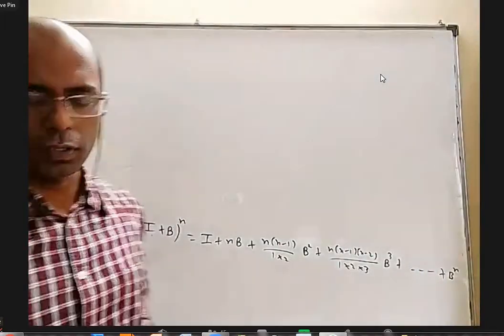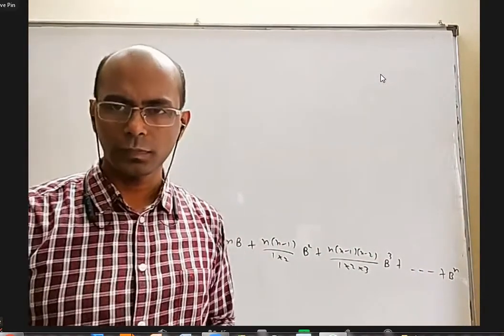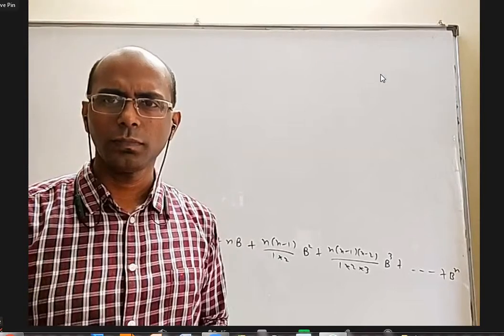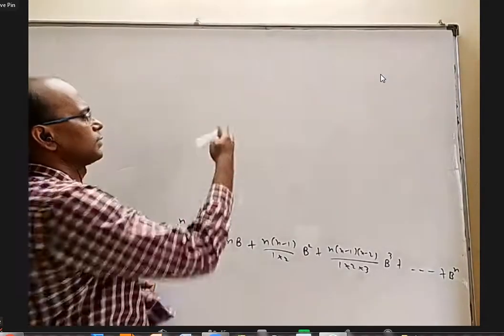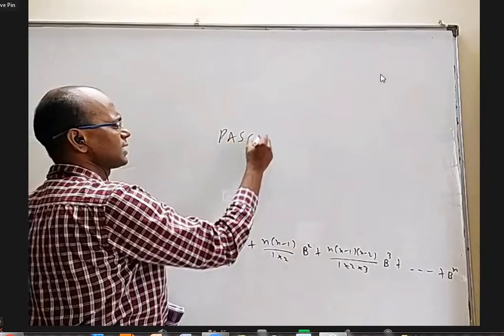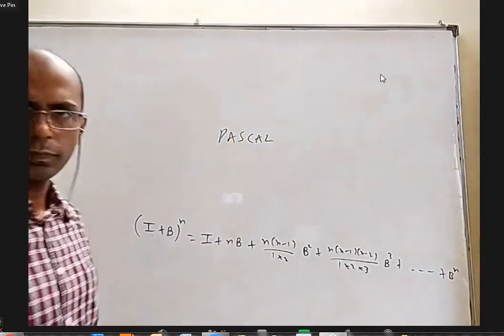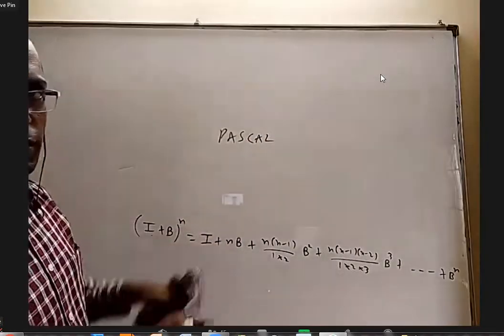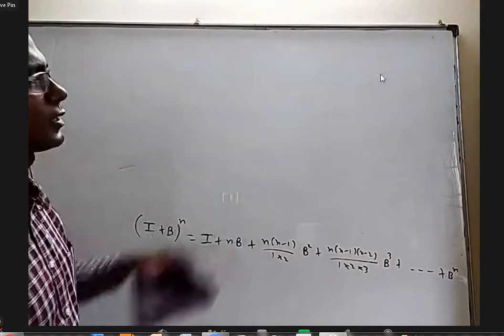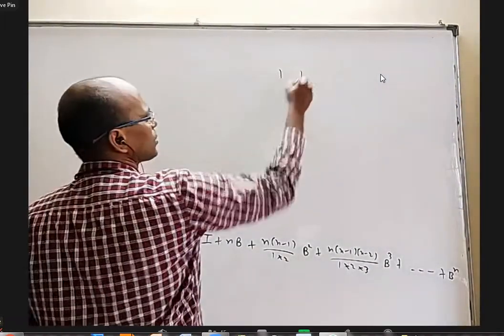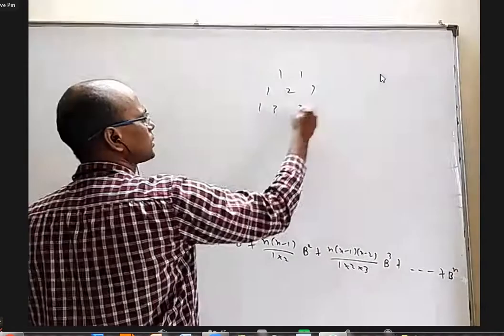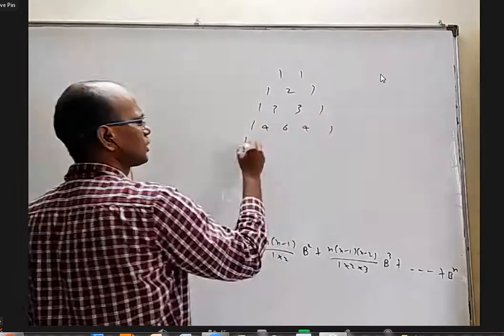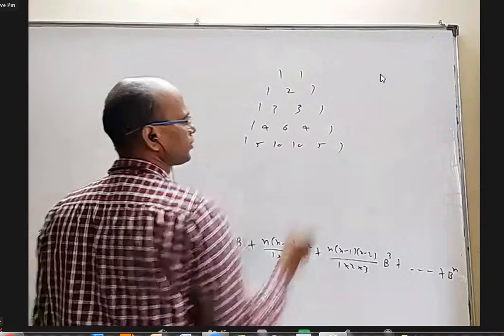Anybody heard of the name Pascal's triangle? Pascal triangle. Okay. So whatever numbers that we wrote, they're actually Pascal's triangle only. 1 1 you write, 1 2 1 you write, 1 3 3 1, 1 4 6 4 1, 1 5 10 10 5 1.